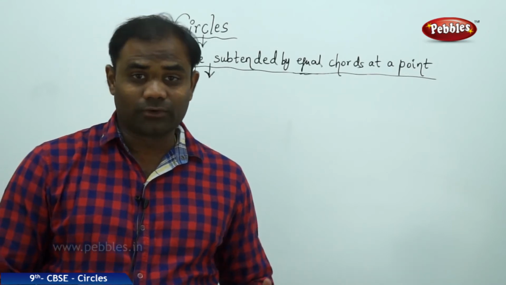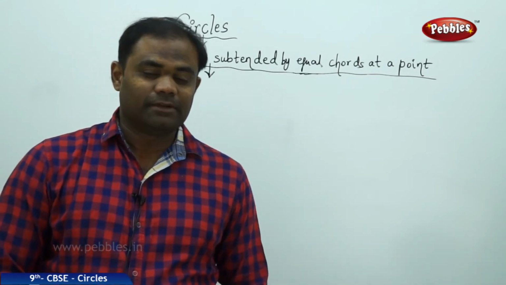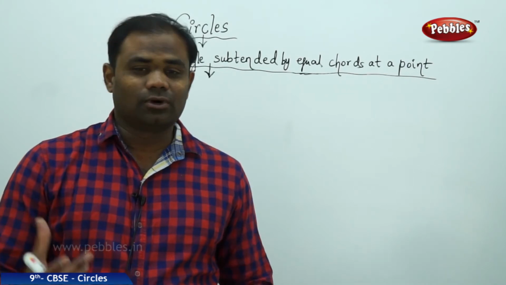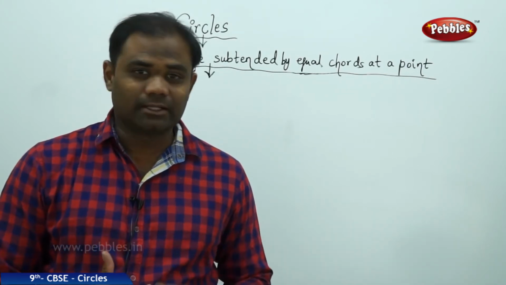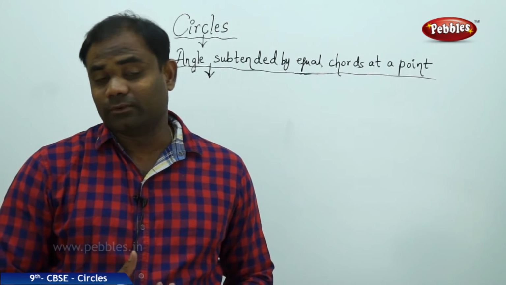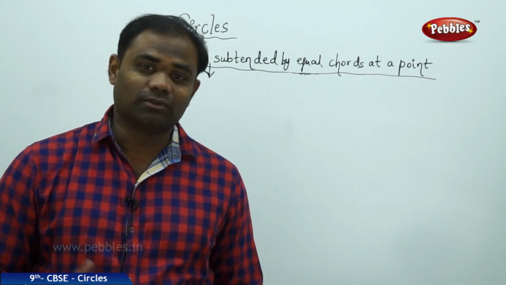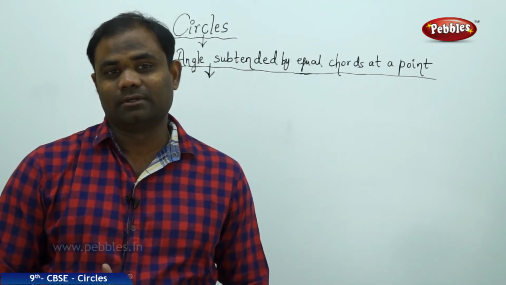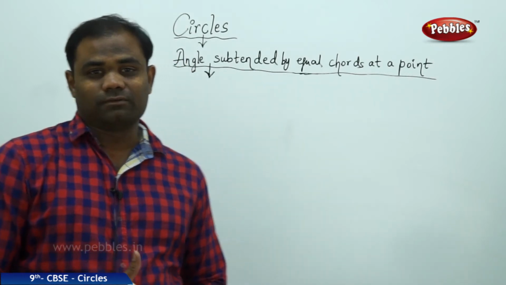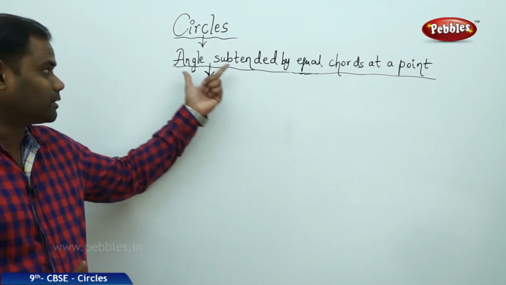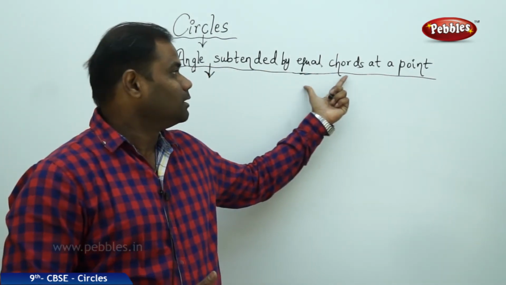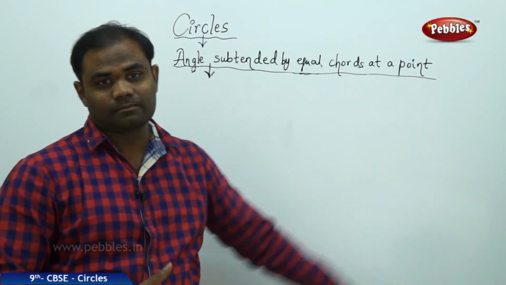Will the converse hold true for the same property? If I say that the two chords subtend an equal angle at the center, will the chords be of equal length? This is the reverse way of understanding the converse of the property which we have seen. So let's see the converse of the previous property connecting angles subtended by equal chords at a point.